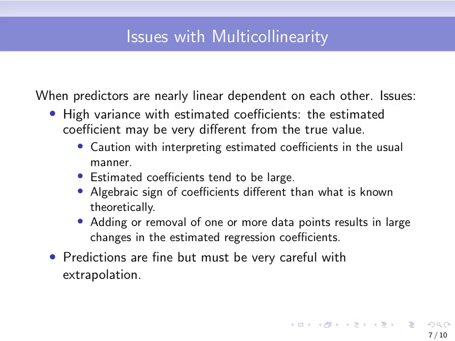Adding or removal of one or more data points could result in large changes in the estimated regression coefficients. So the main issue with multicollinearity is this issue of high variance with the estimated coefficients, and in the usual way in which we interpret the coefficients, the slopes, we have to be very careful. From a purely predictive standpoint, predictions are fine, but you must be especially careful with extrapolation.